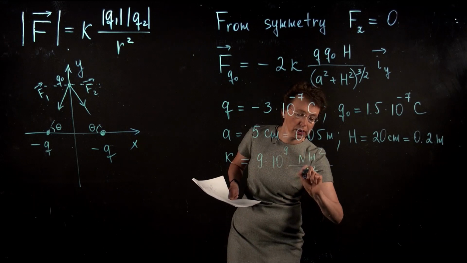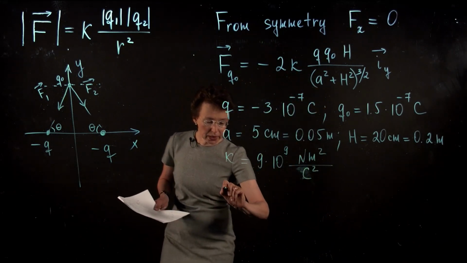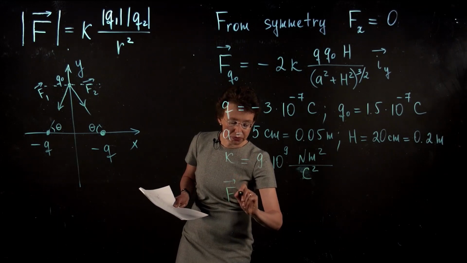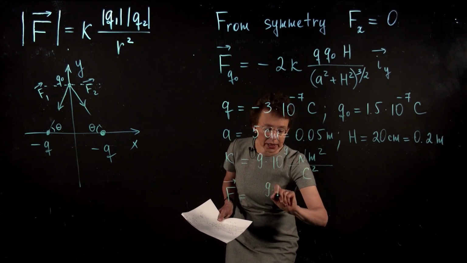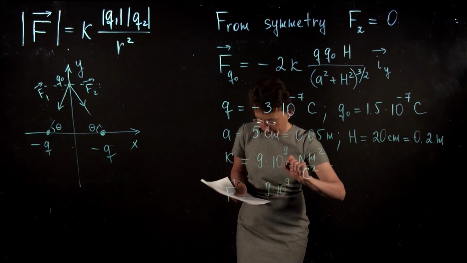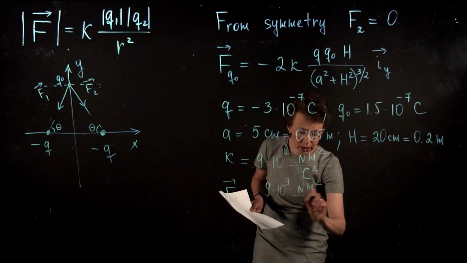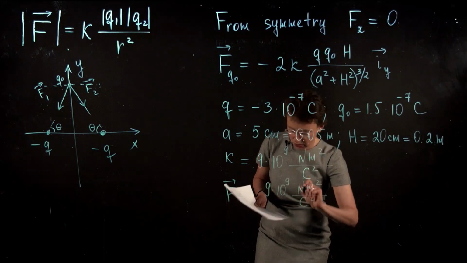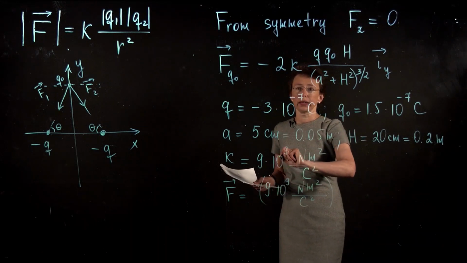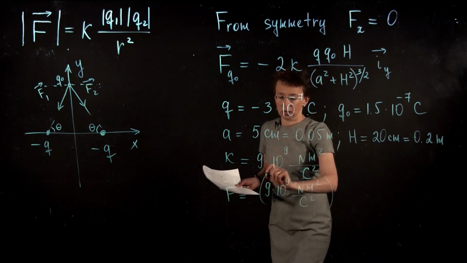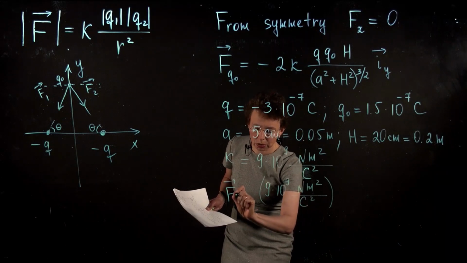What will be the force? It will be 9 times 10 to the 9th newton meters squared over coulomb squared. This is k. Minus, I forgot minus, and I forgot 2.